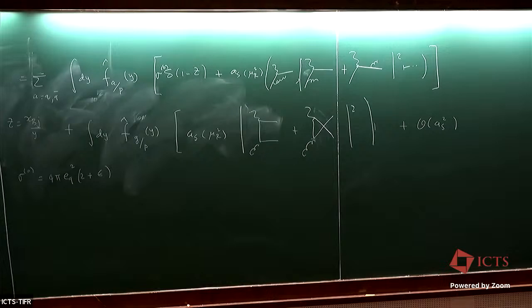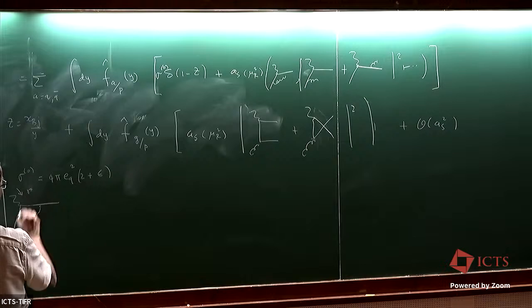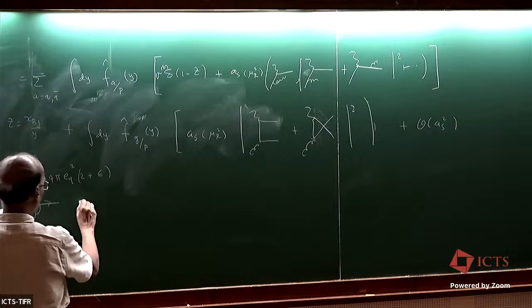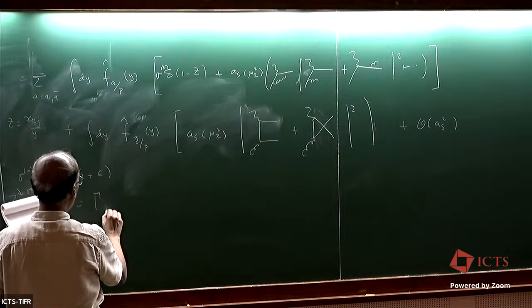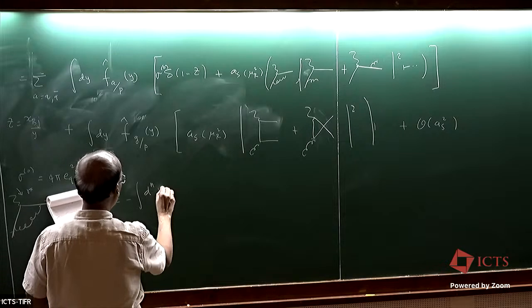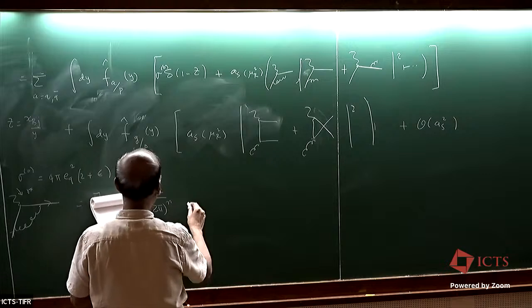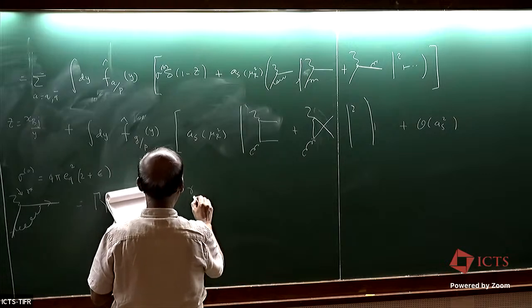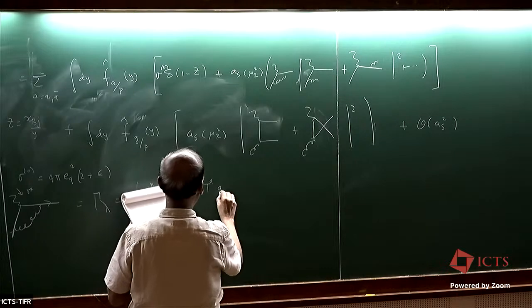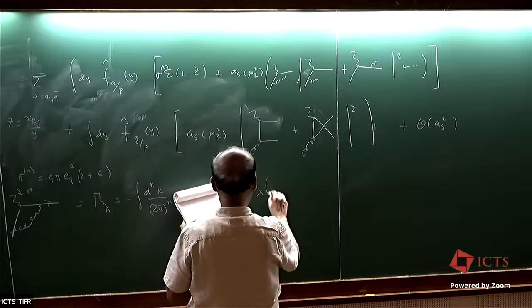Now I'm going to write down certain answers. If I calculate this diagram, for example, this is gamma star. This we call gamma lambda, which is minus integral d^n k by (2 pi)^n, and then this is gamma alpha, t^a, g_s, k slash, gamma lambda.